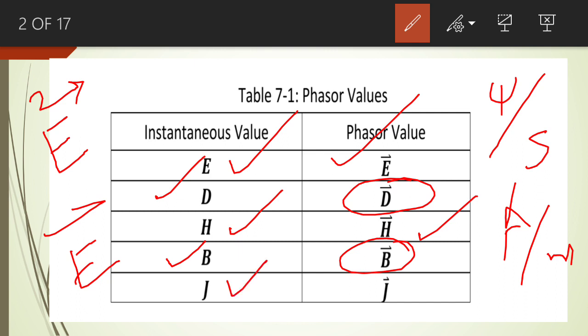Here is the symbol for the conduction current density, the current per unit area, and the unit of the conduction current density is ampere per square meter. So this is the instantaneous value of the conduction current density, and here is the phasor value of the conduction current density.